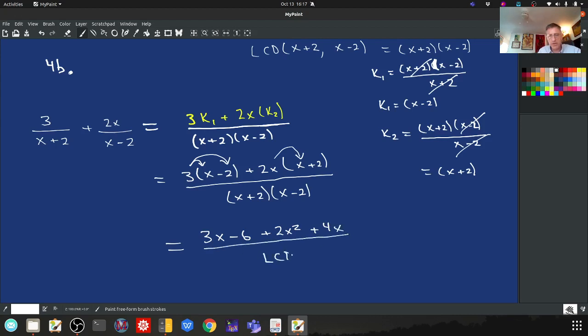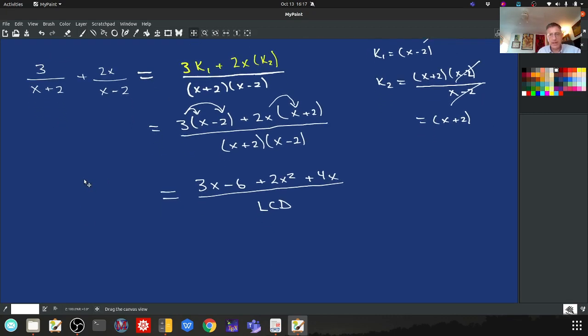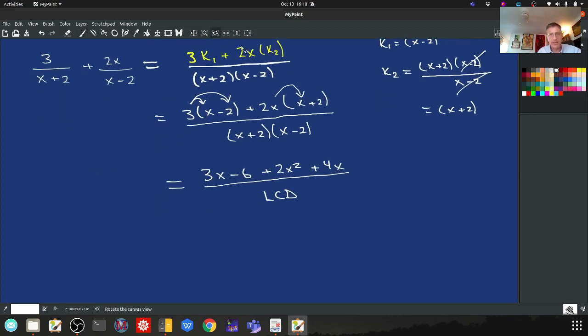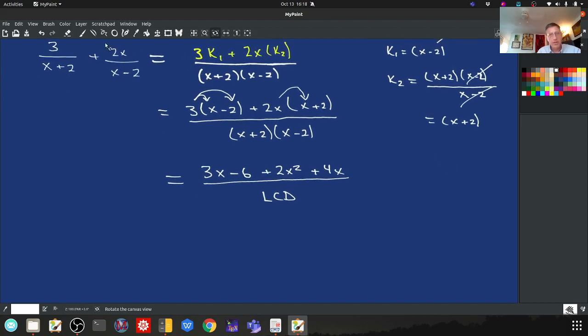If you want, you can just write LCD here, and at the very last step, you write in your actual LCD. It's kind of nice, because otherwise you're just copying the LCD over a million times.